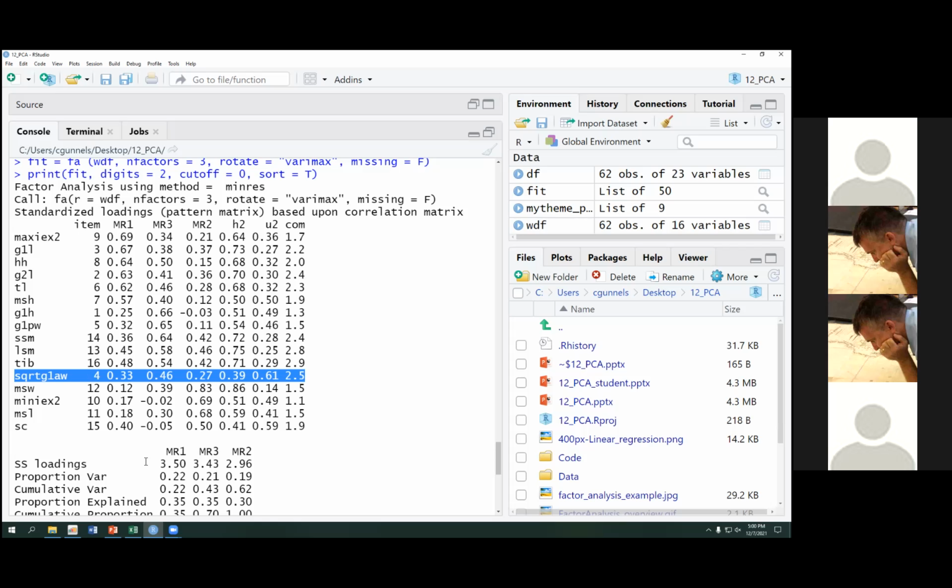It's a good rule of thumb for how much of the variation in the variable is explained within its factor, but don't get me wrong, that is kind of an arbitrary delineation. In fact, it's a little more arbitrary than even a p-value of 0.05. It is a rule of thumb. All right? That's what we get when we do 3.